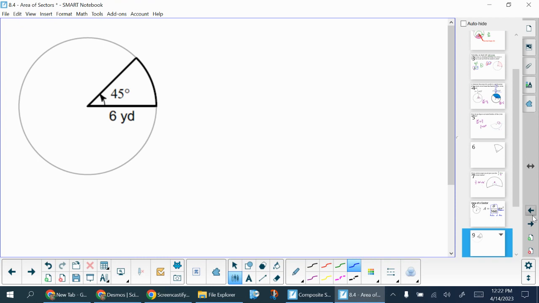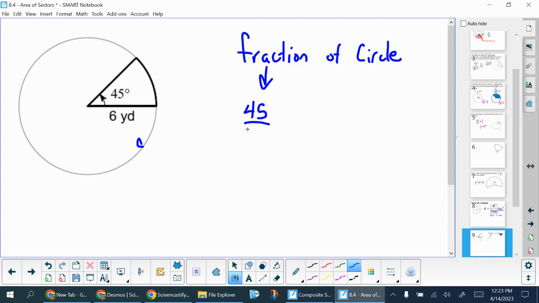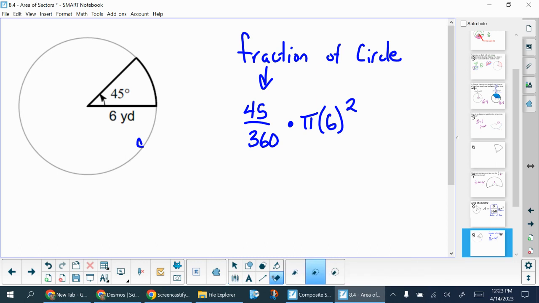Here I've got a 45-degree angle and a 6-yard radius. So my fraction is 45 out of 360 of my circle, times pi times the radius squared. And that is going to be the area of my sector. It's whatever fraction of the circle.